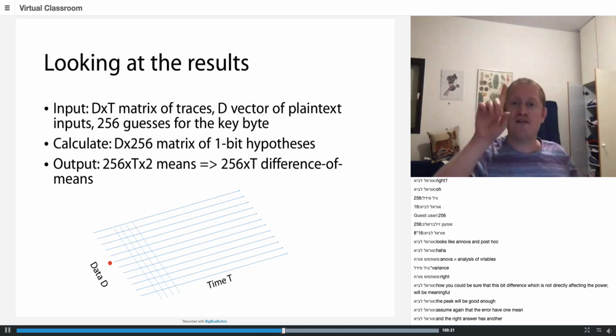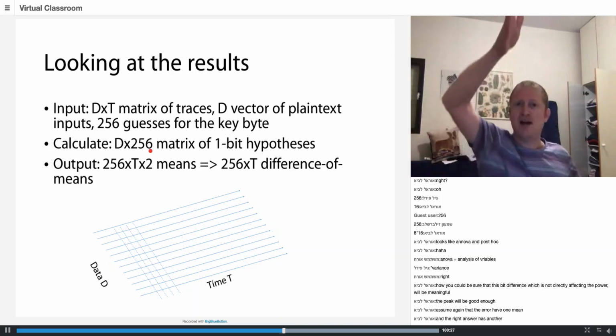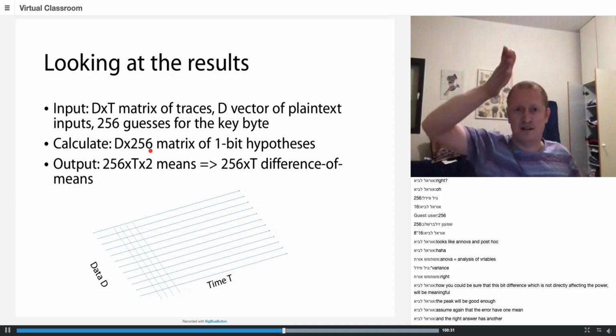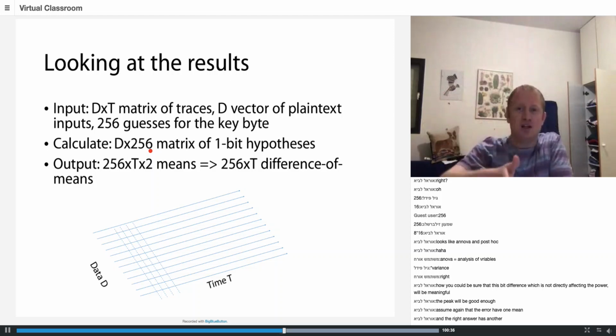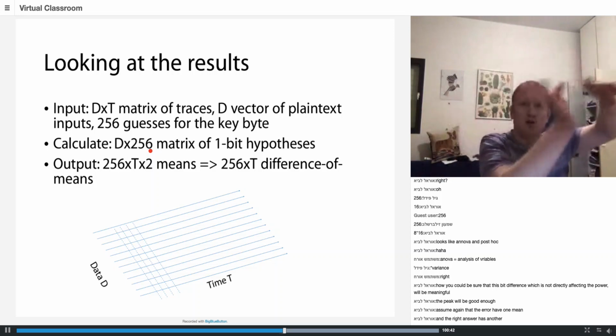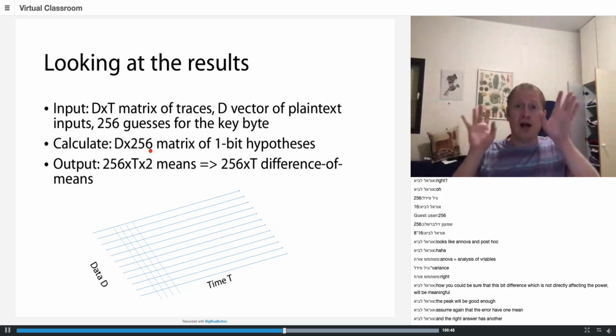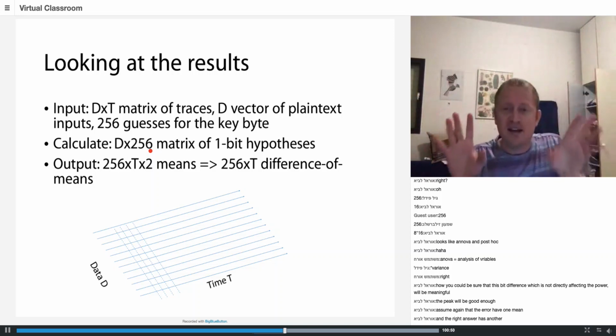So if I fix a column in this matrix, to say that my key byte, for example, is 5, then this is the split which is going to be derived from this assumption. So I'm going to assume that if I fix 5, then these traces go to the left bin, and these traces go to the right bin. So I have 256 different ways of splitting the traces.